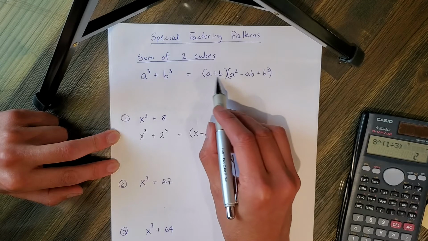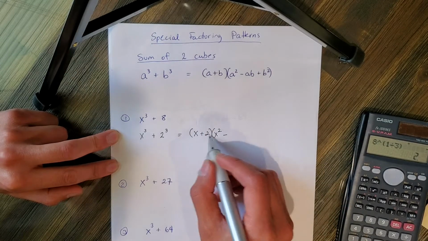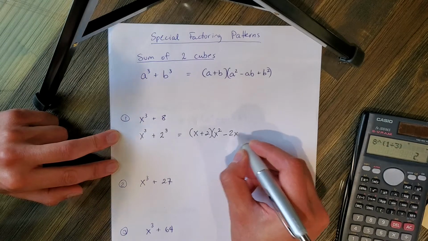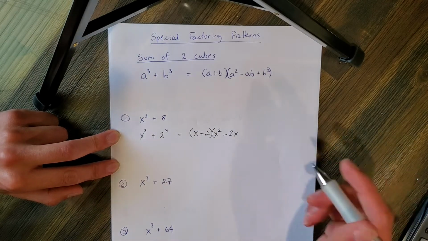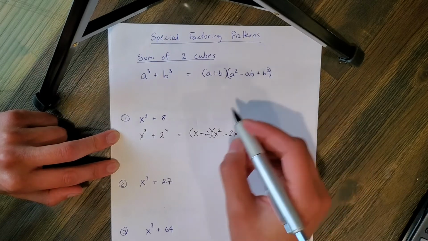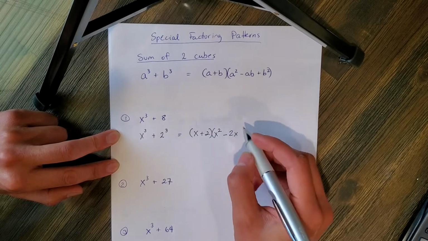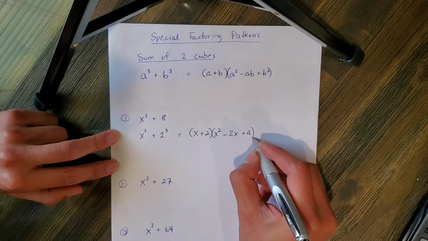So whatever a and b are in here, that's what we're going to multiply. So in this case, it'll be x and 2. So x times 2 is 2x. And finally, for the last term there in the parentheses, we're going to take the b term and then square it. So we're going to take this 2 and then square it. So in other words, 2 to the second power is 4.